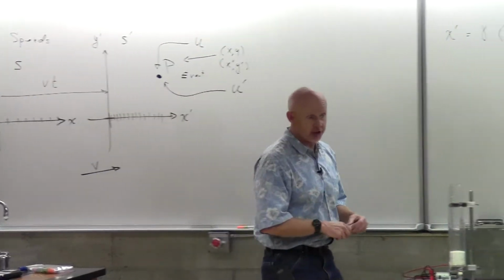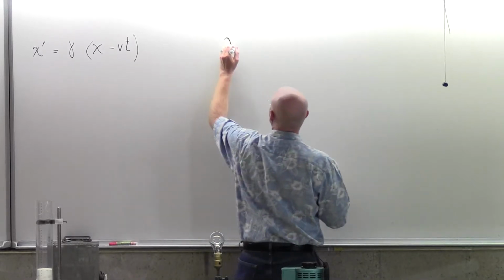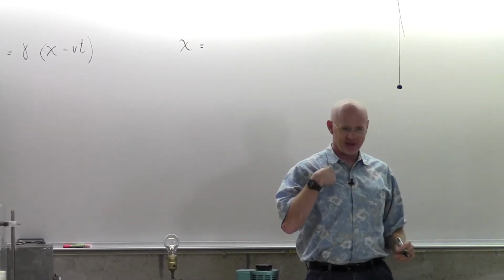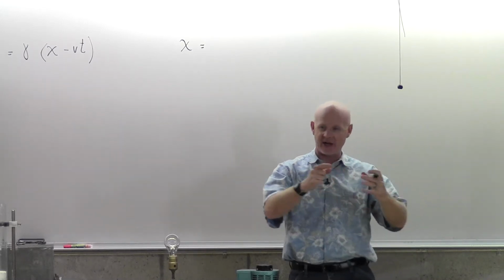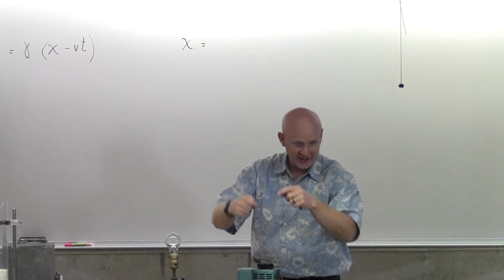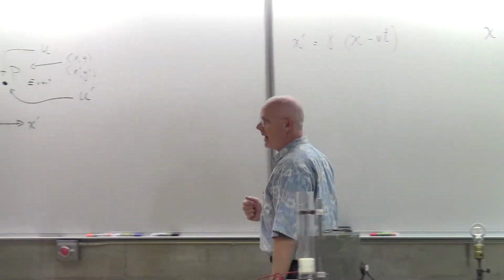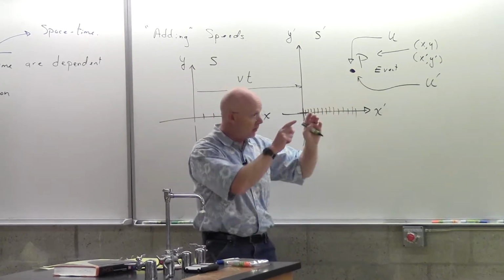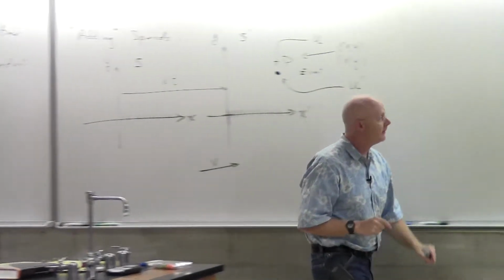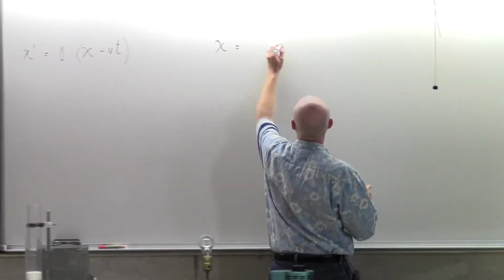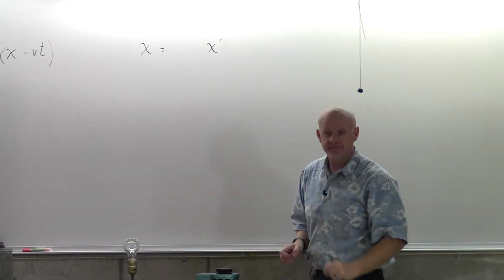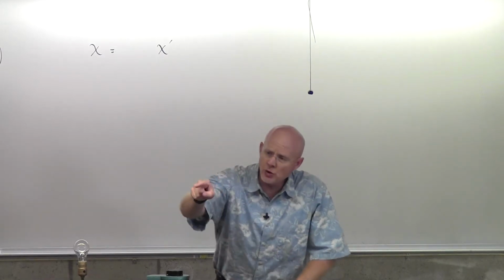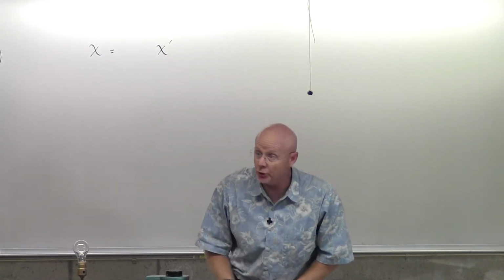The reverse works just as well. What would I measure and then use that to calculate what you see? So as I am riding my bike, I would look up and I would see the bird a distance from me, x prime. And then I might ask, well, I wonder how far you guys think the bird is from you.